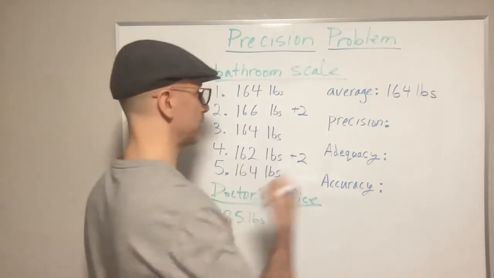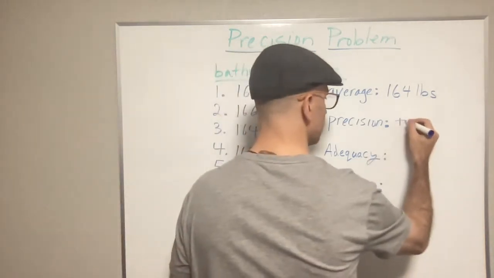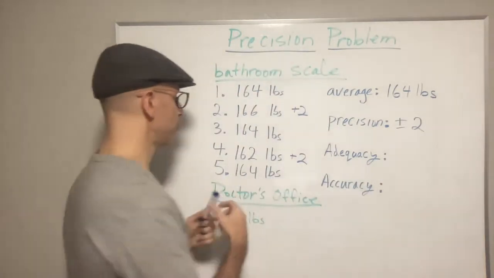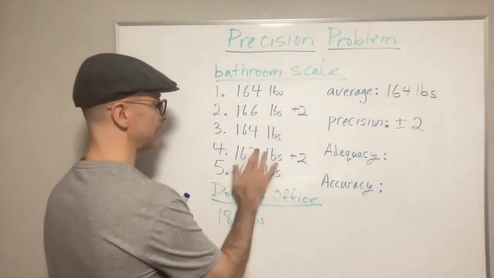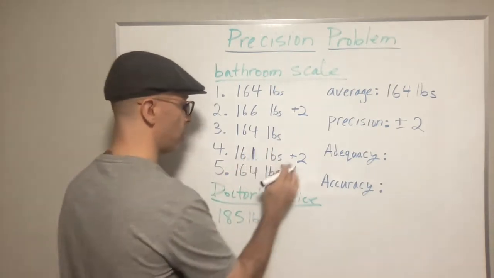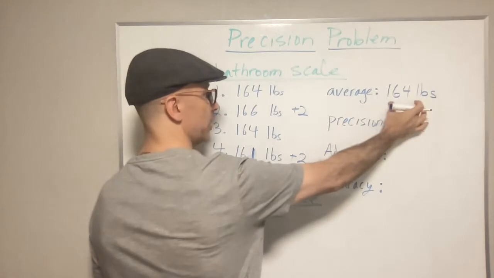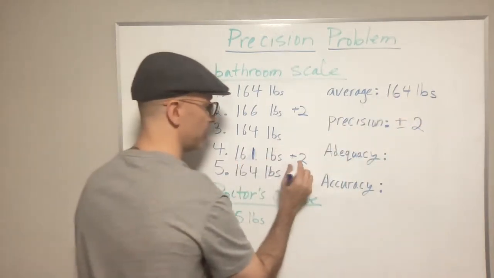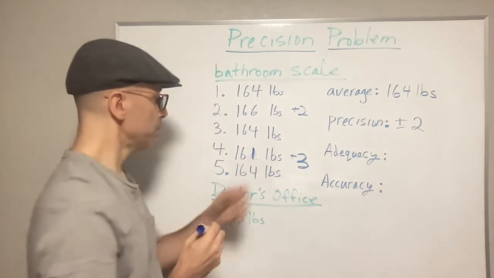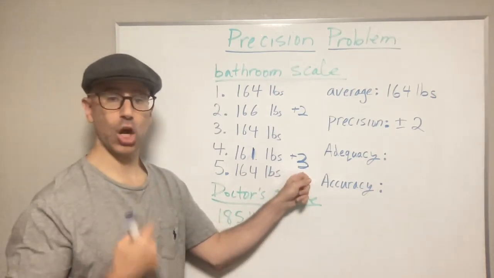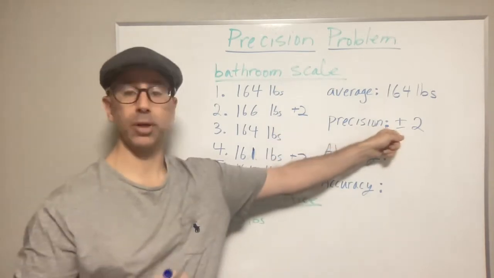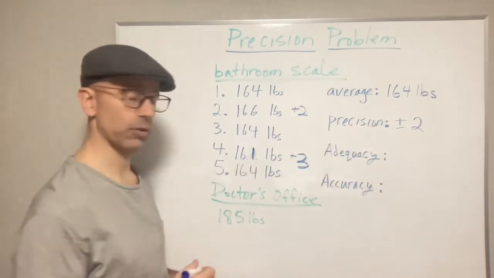So it's a plus or minus 2. Now, if this was instead a 161, right? Then the difference between here and here would be 3. So because that would be the larger distance, we would take this over the 2, and then this would be plus or minus 3. Okay.